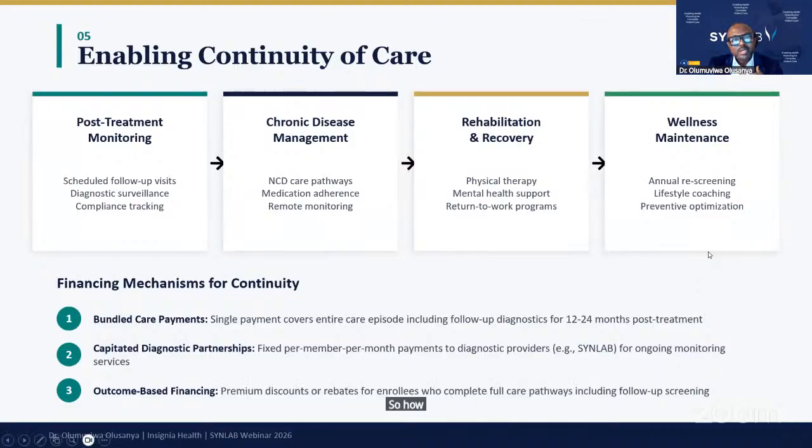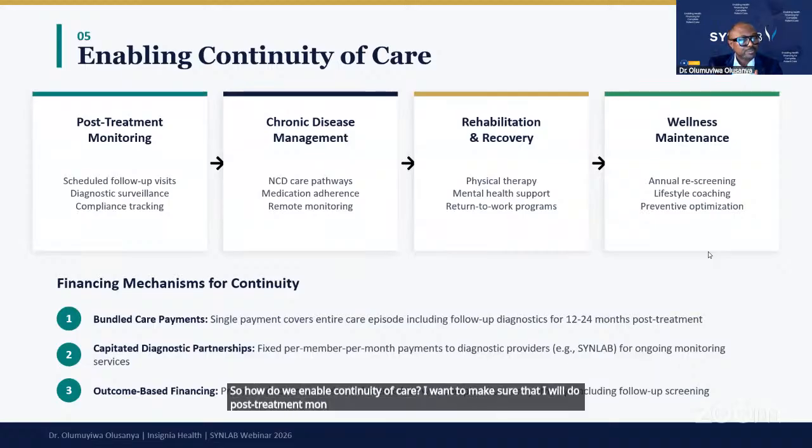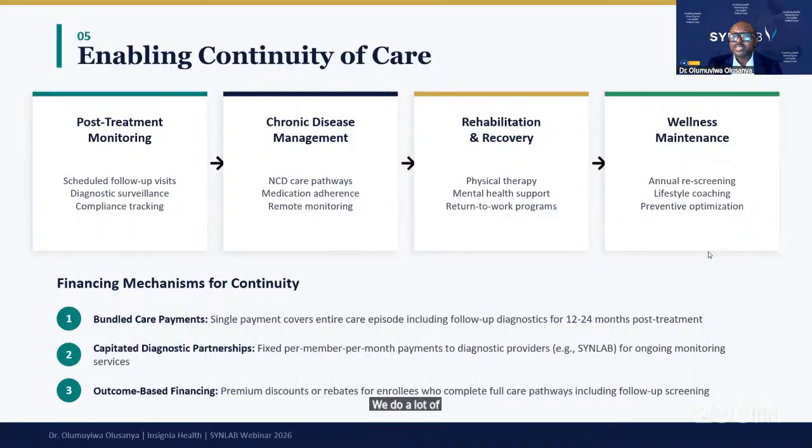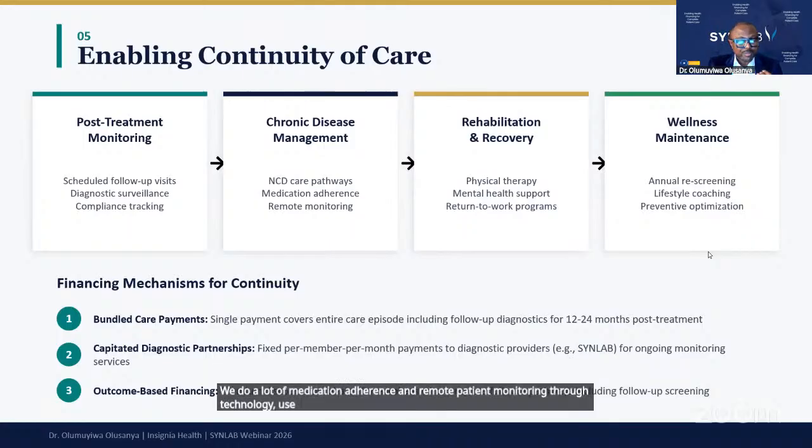So how do we enable continuity of care? I want to make sure that we do post-treatment monitoring, scheduled follow-ups, diagnostic surveillance, and compliance tracking. For most of the NCDs, non-communicable diseases like hypertension, diabetes, asthma, glaucoma, and the likes, we want to make sure that we do a lot of medication adherence and remote patient monitoring through technology, use of phones, apps, and wearables. Then rehabilitation and recovery through physical therapy, mental support, and also a lot of return-to-work programs.